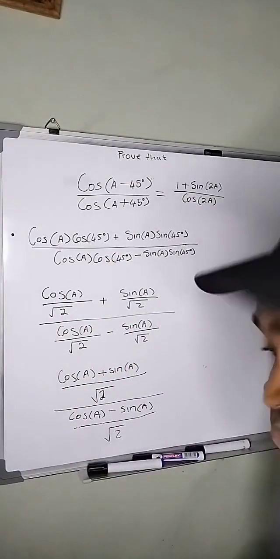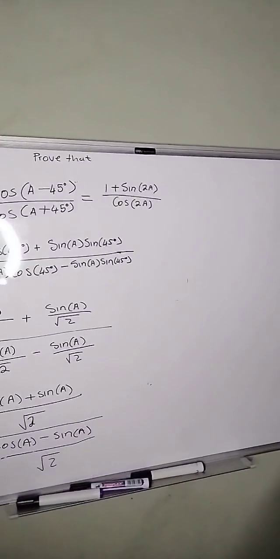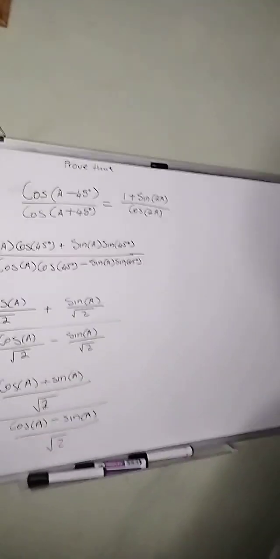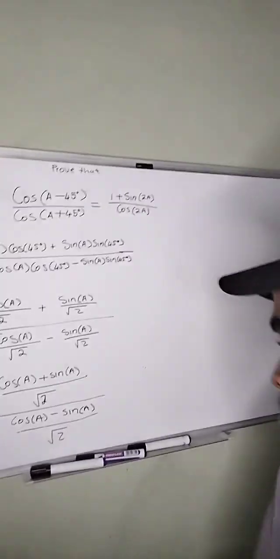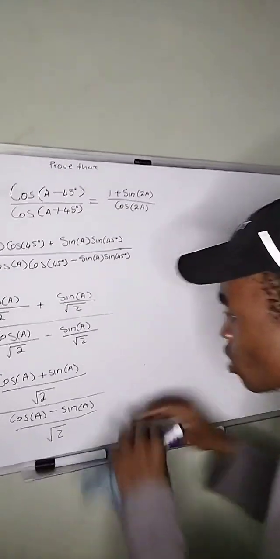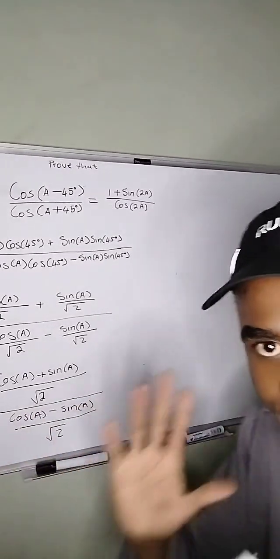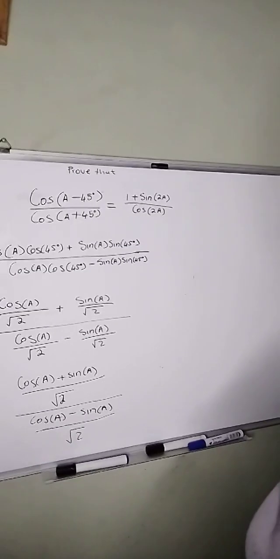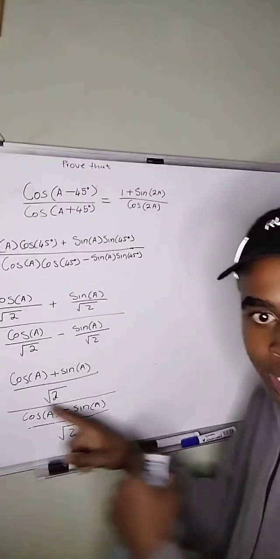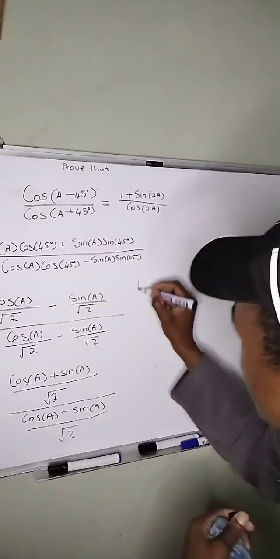Again. So what am I going to do? I'm going to destroy this division sign. Please understand me. It might be new to some of you, but this guy, I'm going to destroy him. So how am I going to write this?